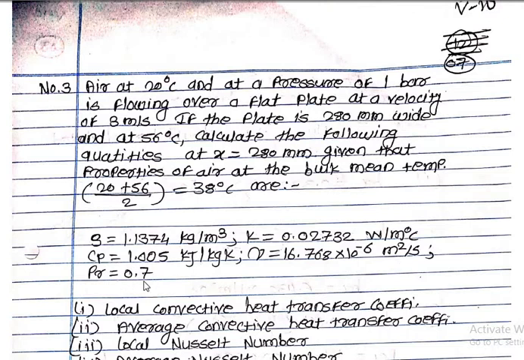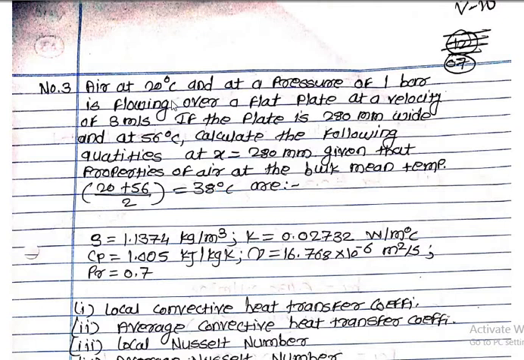Prandtl number is equal to 0.7. These properties of air are provided in the problem only for the mean bulk temperature at 38 degrees Celsius, or mean film temperature at 38 degrees Celsius.